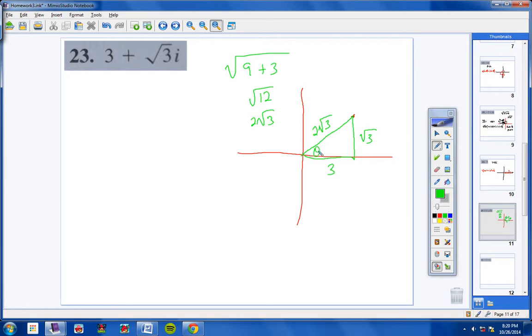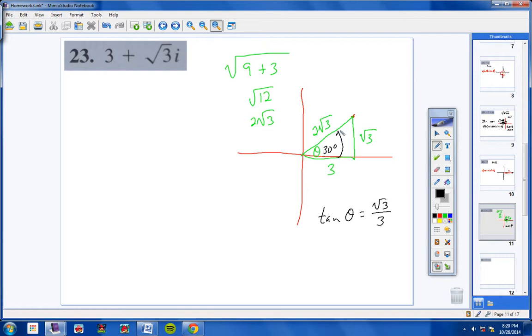Now we're going to find theta, and I'm going to use tangent. So tangent of theta equals square root of 3 over 3. I'm getting 30 degrees, okay? So this would be 30 degrees.